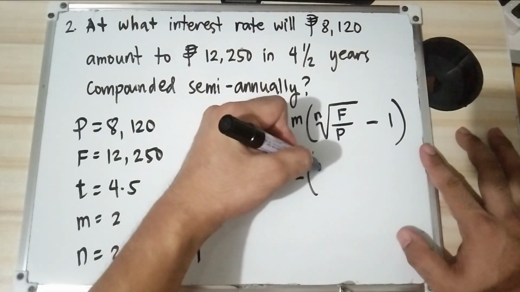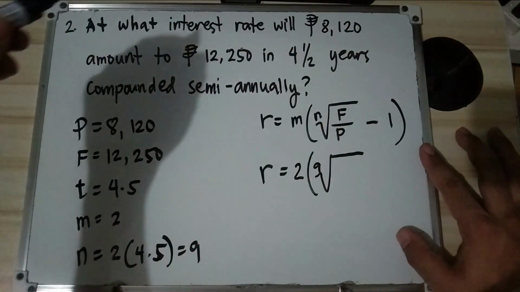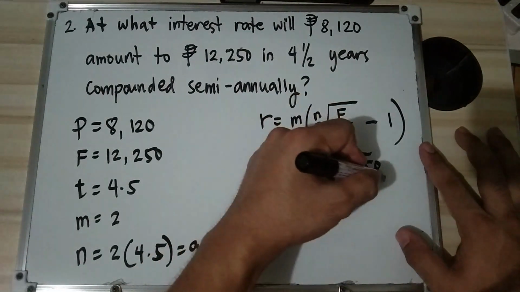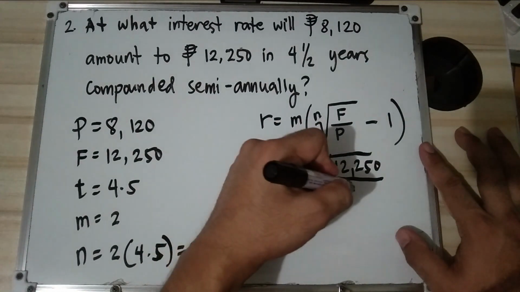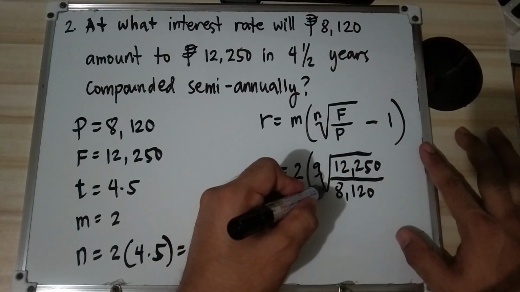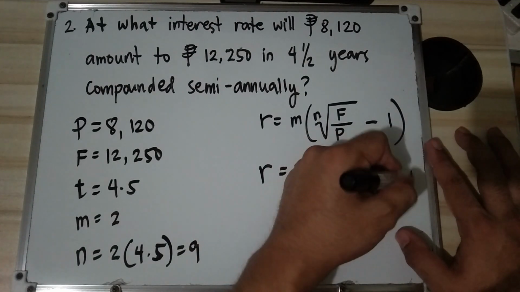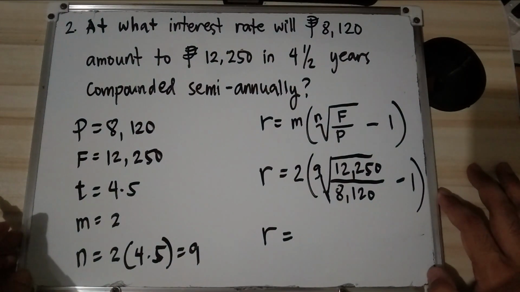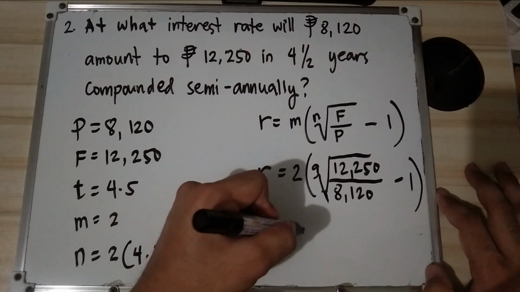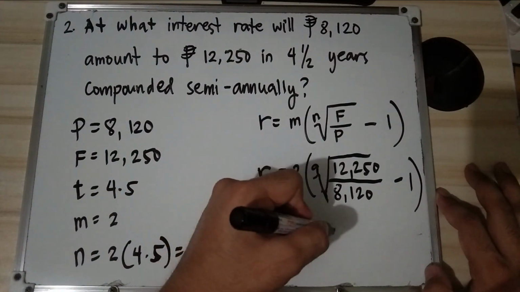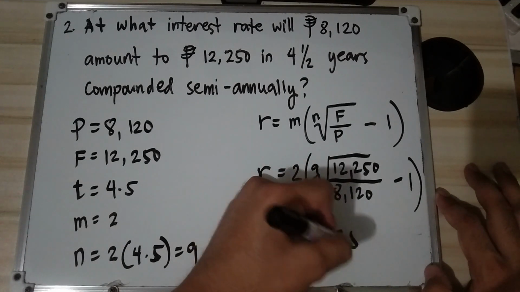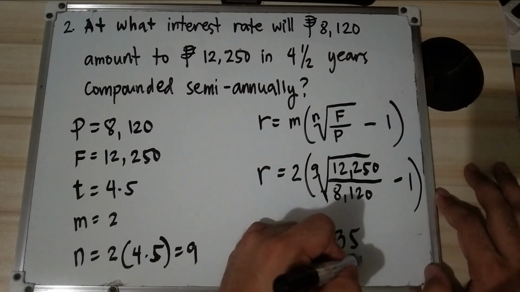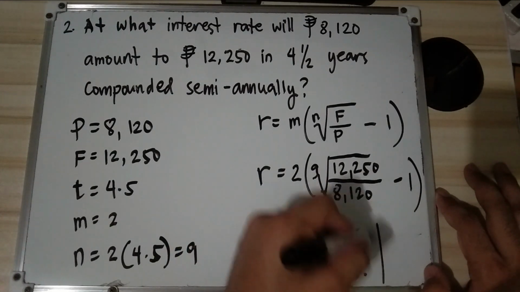So, 9th root of 12,250 over 8,120 minus 1, close. So, R is equal to, calculator, so lalabas 0.0935 or 9.35% interest rate. Okay?